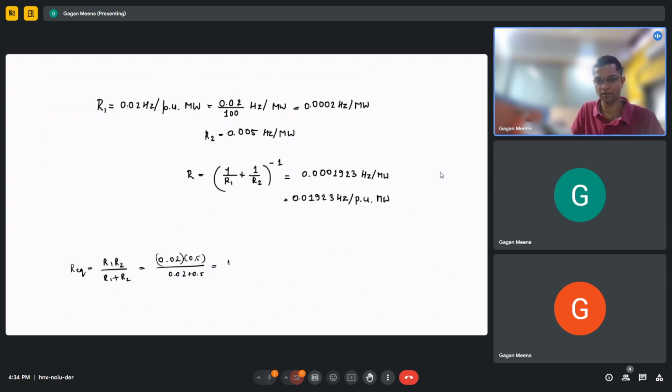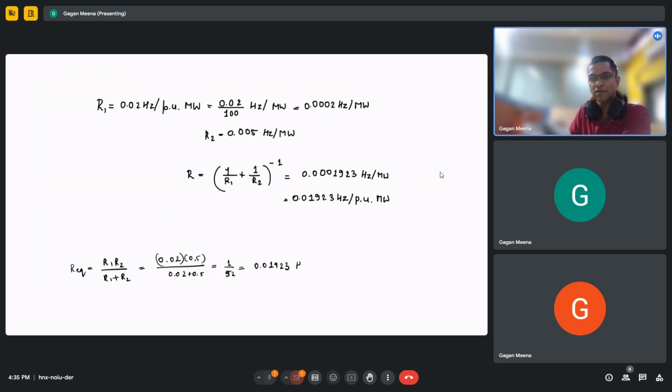This is 1 by 52, which is the same as 0.0123. And the same thing, so both ways you can do it anyway.